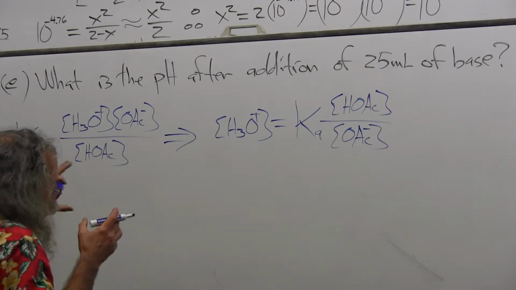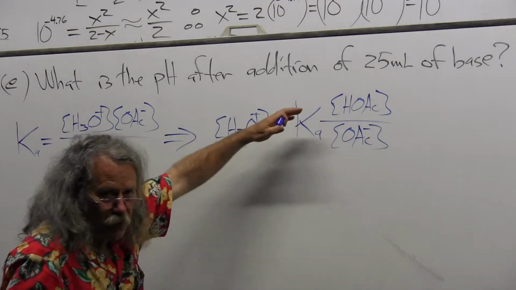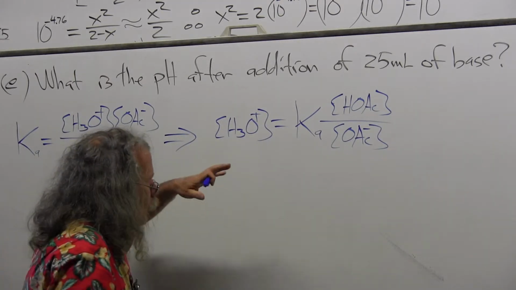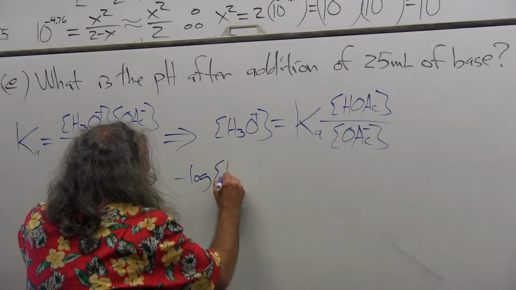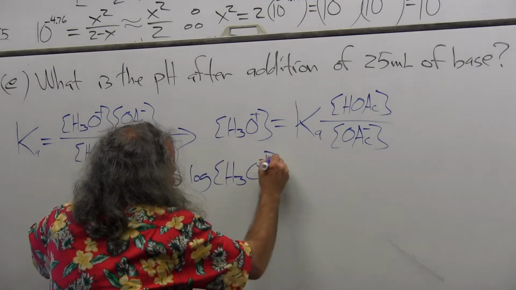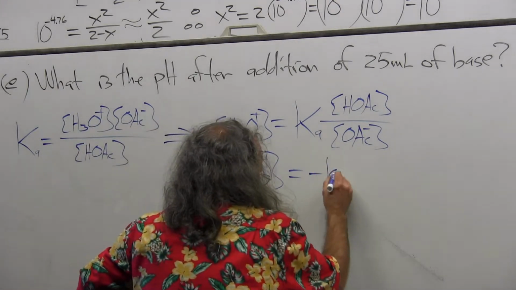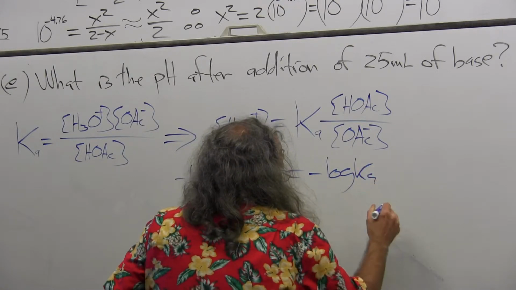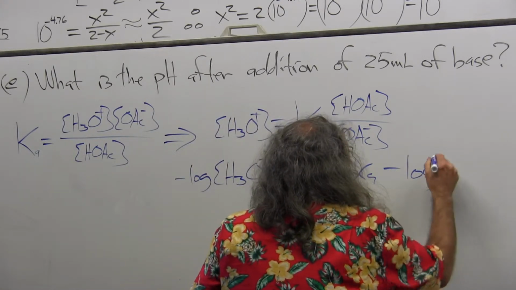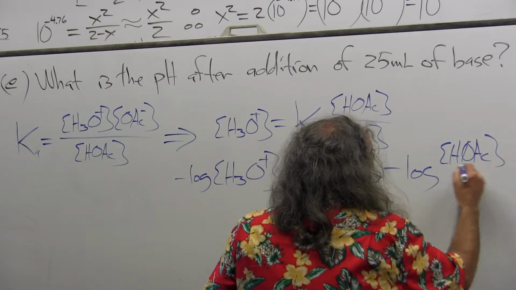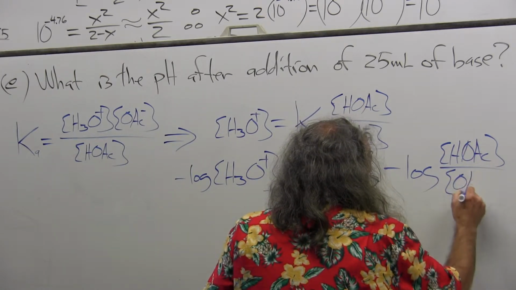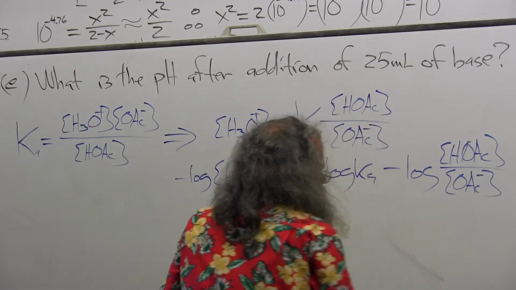Now, what do I do next to get the Henderson-Hasselbalch? Take the negative log of those. Okay, so negative log of hydronium is equal to negative log of Ka minus the log of acetic acid concentration divided by the acetate concentration.